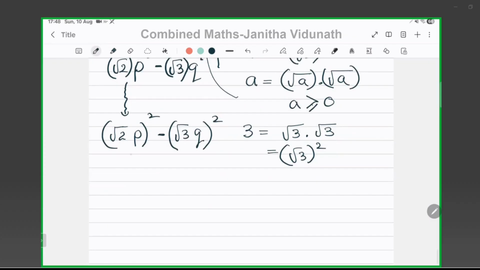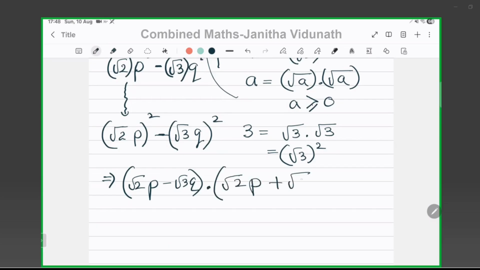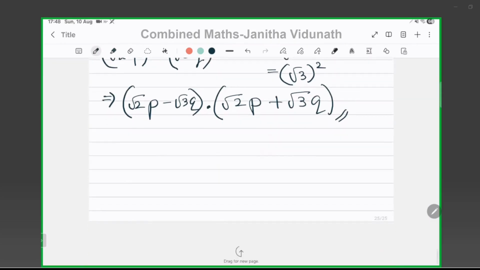Then this is a difference of squares. Then simply we get first term minus second term times first term plus second term. Okay, I think you have an idea about this.